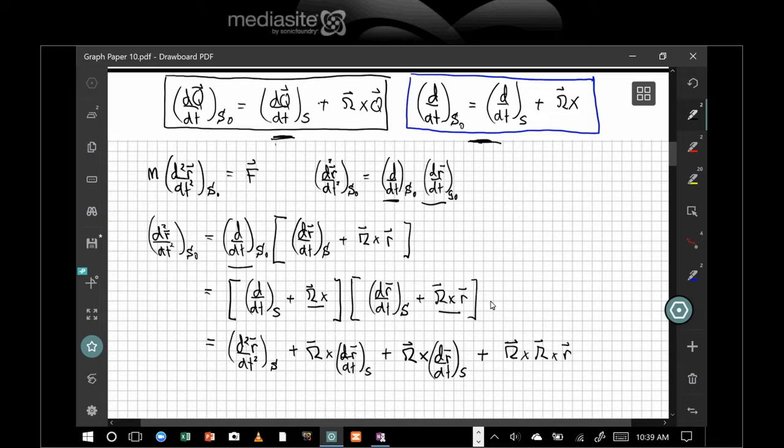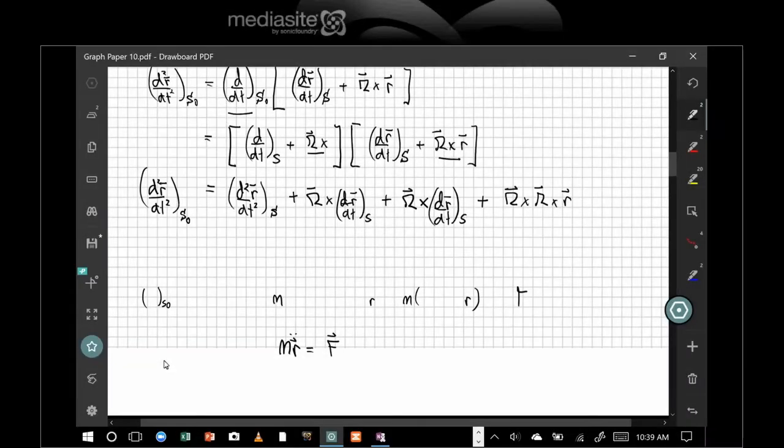By doing this, what I've done is I've gotten rid of the S naught. On the right-hand side is all in the S frame, which is what we want. So let's operate. If I write d/dt on this, that's going to give me the second derivative, so I can write that as d²r/dt² in the S frame. So that's the acceleration in the S frame.